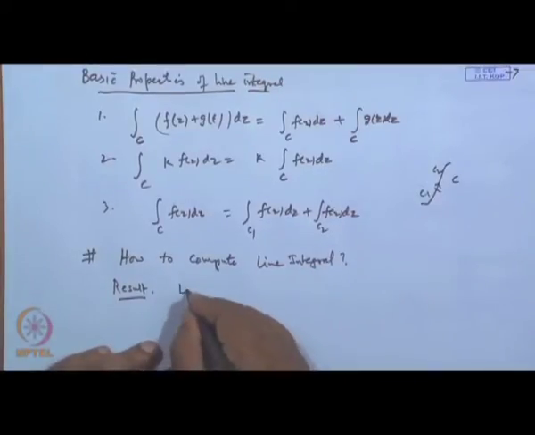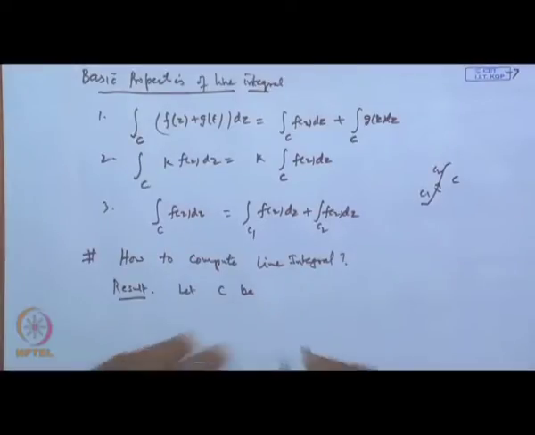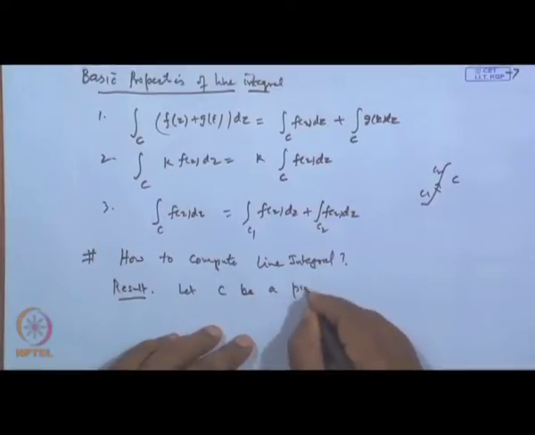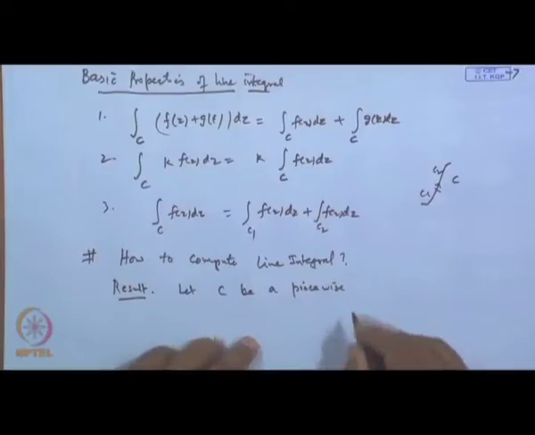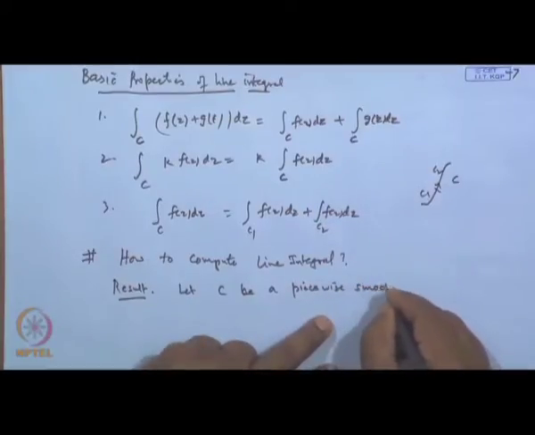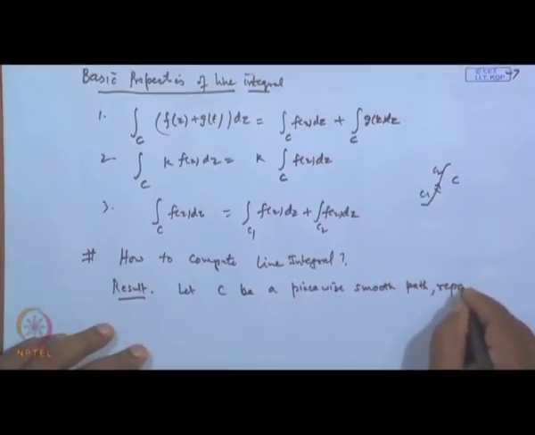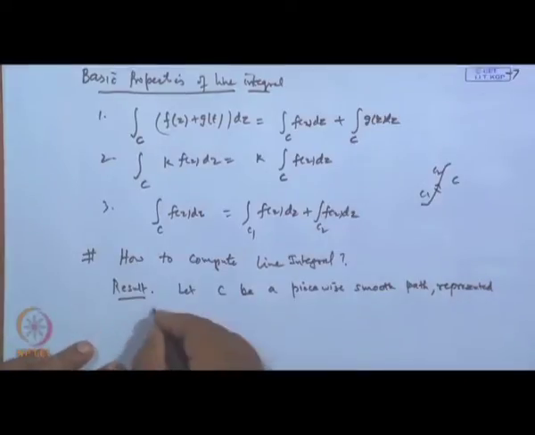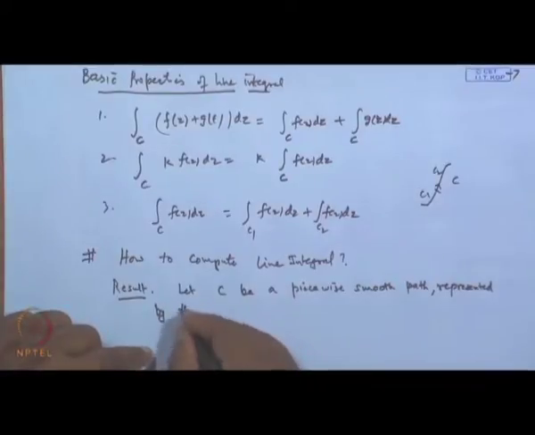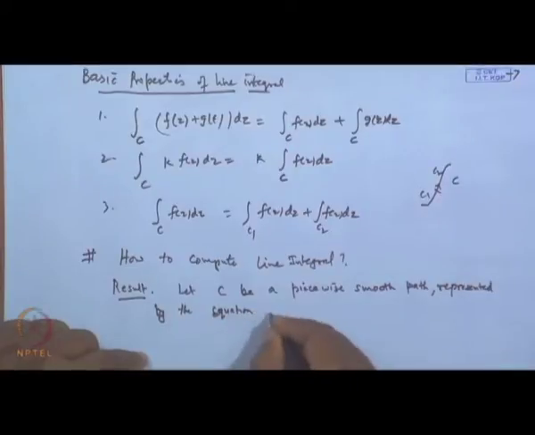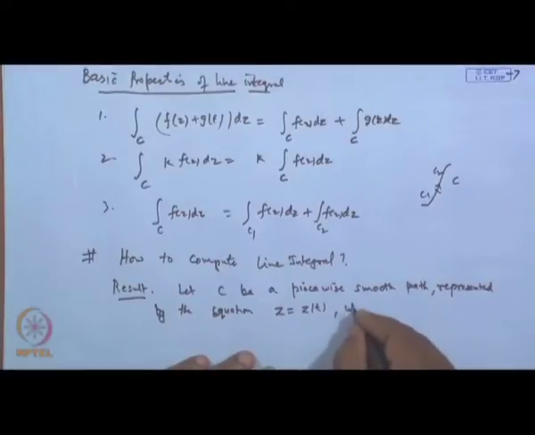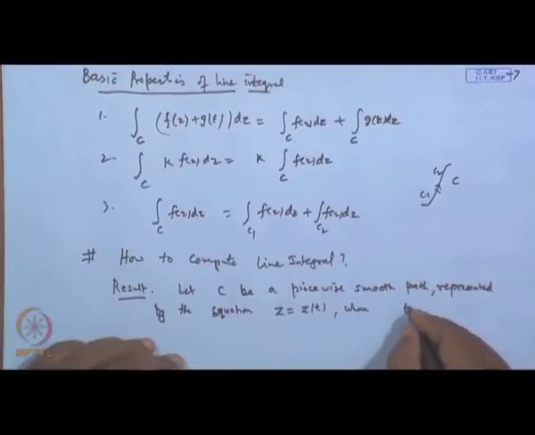Let C be a piecewise smooth path represented by the curve with the equation z equal to z(t), where t varies from A to B.